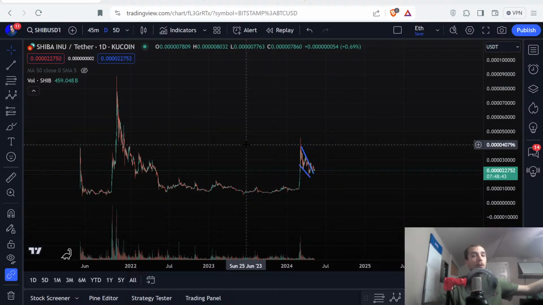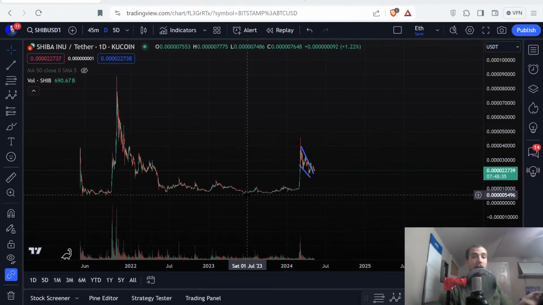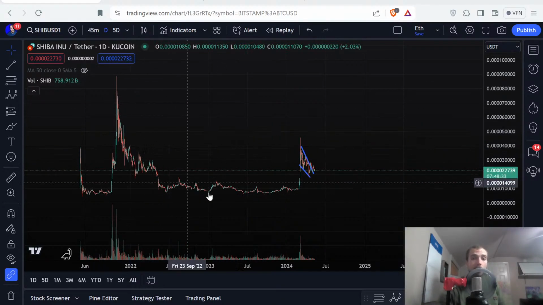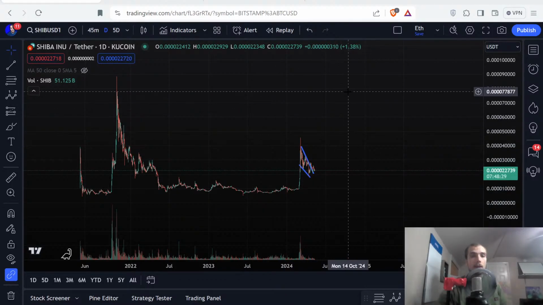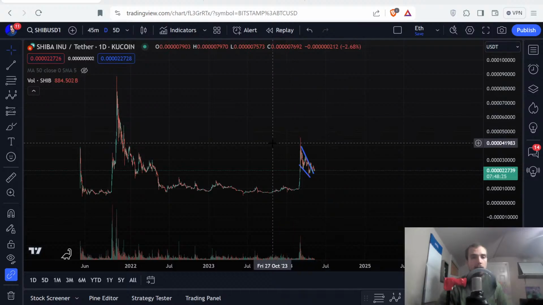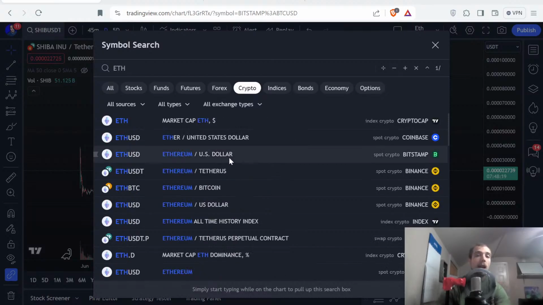You saw Litecoin. You saw Dogecoin when it bottomed out in the last cycle. They crash really hard, everybody gives up on them, and they do these big rounded bottoms, and then they start a new bull market. So if you've been around for a while, then you know what this looks like. You've seen it before. If you haven't been around for a while, then go study the charts, okay?